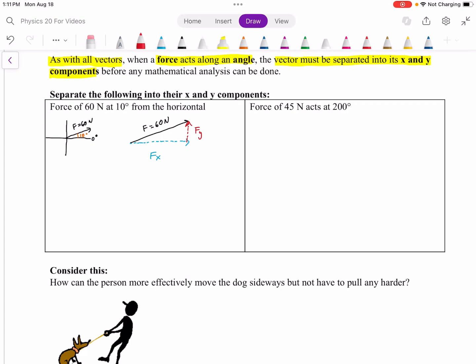Now, both of these things are happening. As we pull 60 newtons up and to the right, we're pulling with some force to the right and some force up. How can we figure out how much of that force is to the right or up? Well, with trigonometry. To find the x component: the x component is the adjacent side, and the force we know is the hypotenuse.